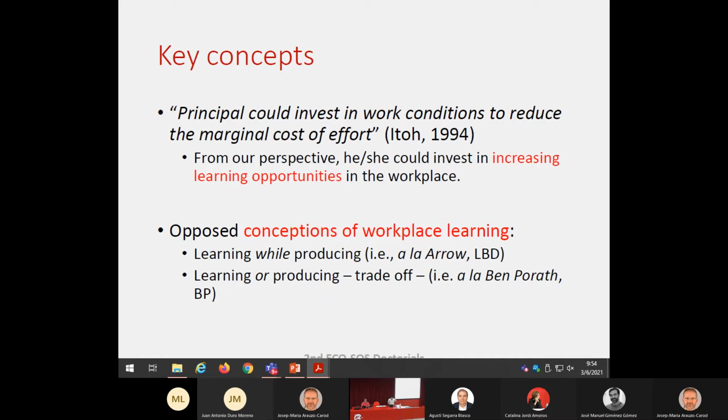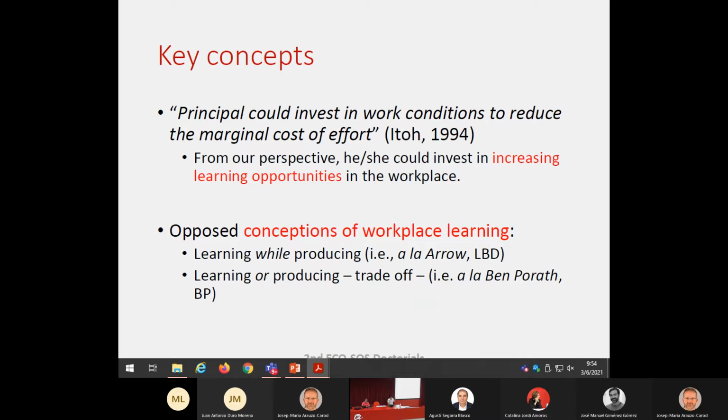Another main idea behind why we are using this environment is this idea at the end of Ito's article that the principal could invest in work conditions, very general, to reduce the marginal cost of effort. From our perspective, the principal could invest in increasing learning opportunities in the organization, since this will imply this reduction of disutility of exerting effort.